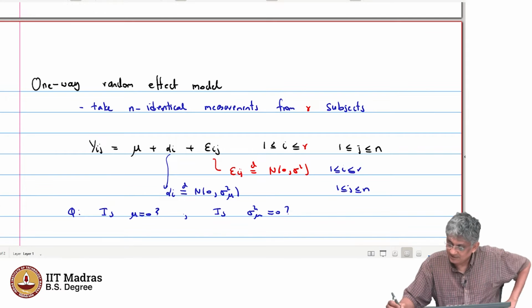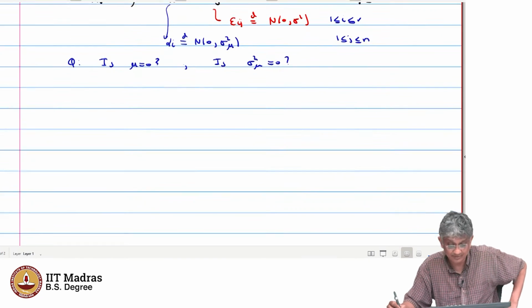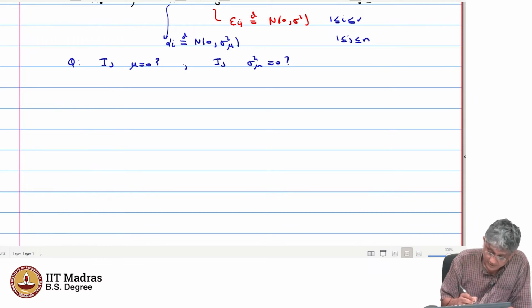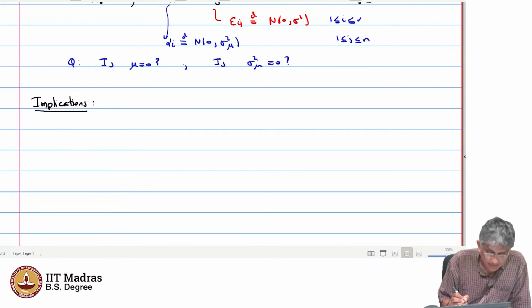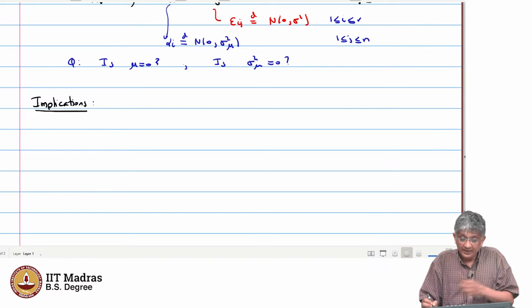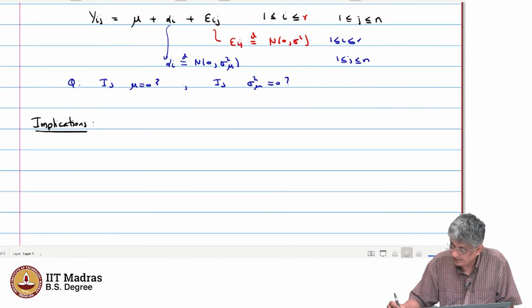Before that, let's discuss some implications of this model. Suppose you place a model like this where the alpha is also random. So here are some implications. One thing is, because of the way I've set up the model, let's go up a little bit so you can see the model.